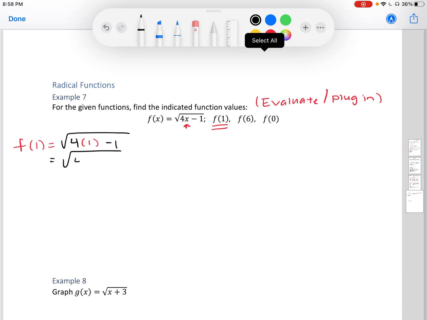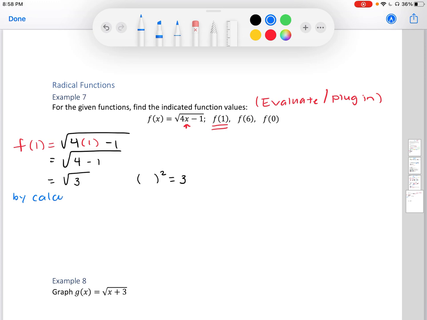So 4 times 1 is 4. 4 minus 1 is 3. The square root of 3, it's not a number that works out, right? There's no such number that can multiply by itself twice to get 3. So because it's not a perfect square, let's use our calculator.